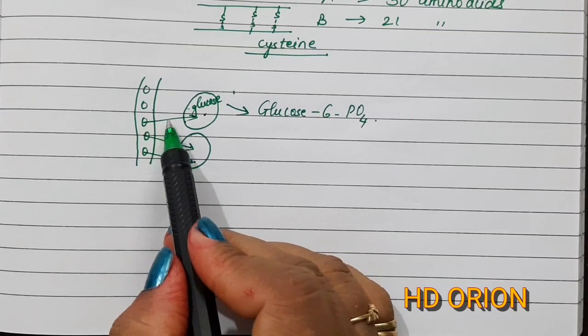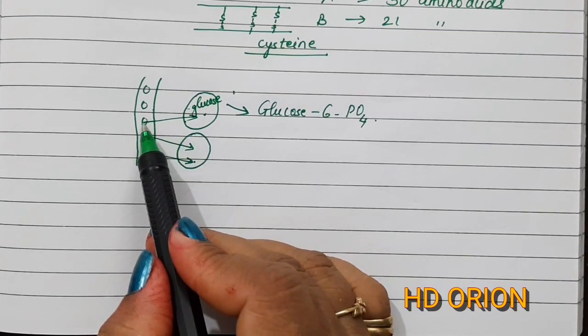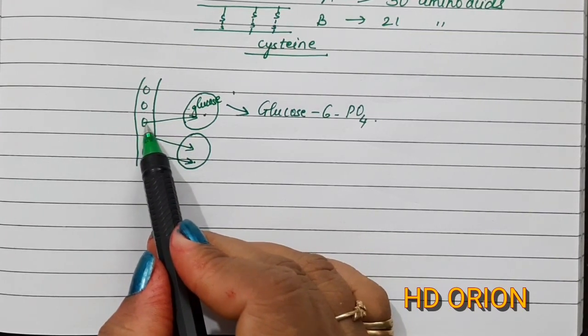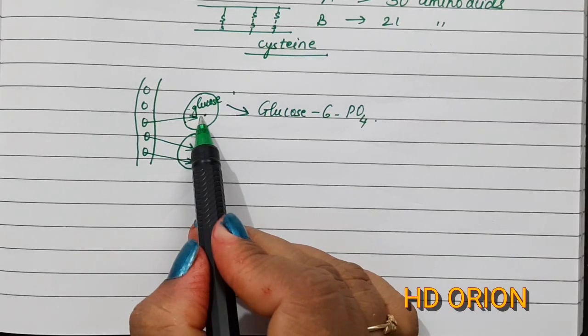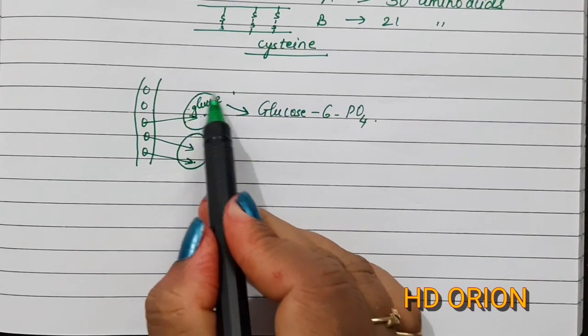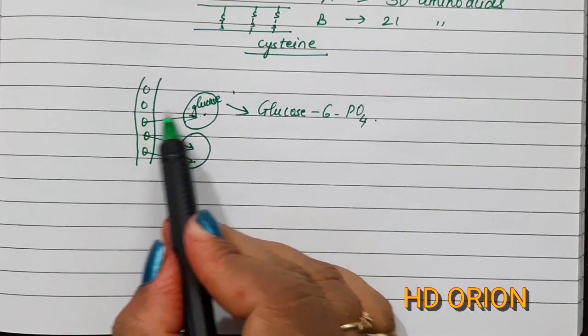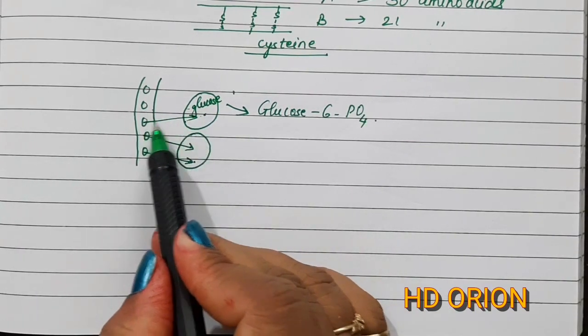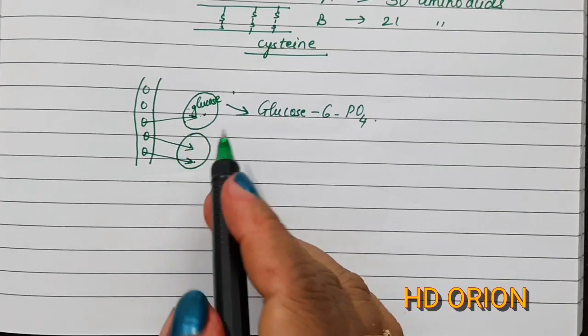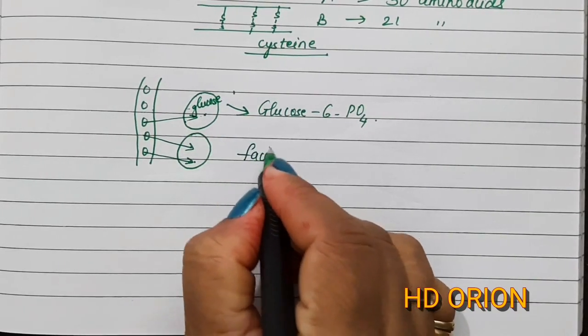So if the insulin is good in quantity and it is acting for the uptake of the glucose inside the cells, increased amount of glucose does not allow the backward diffusion of the glucose. This process by which the glucose is coming inside the cells is by facilitated diffusion.